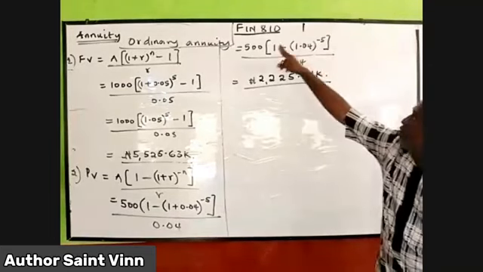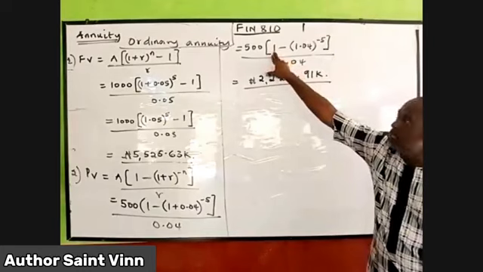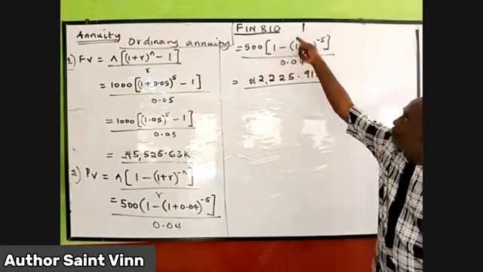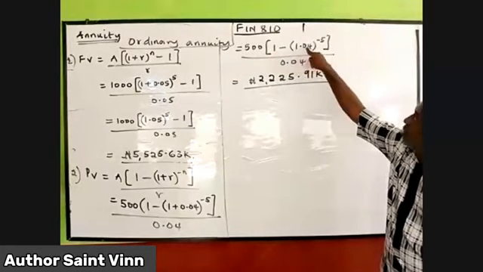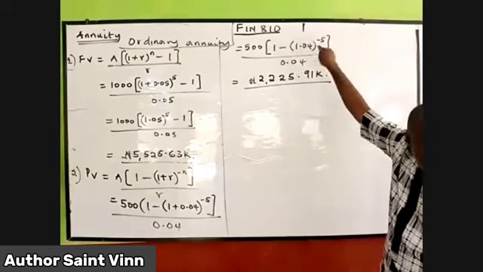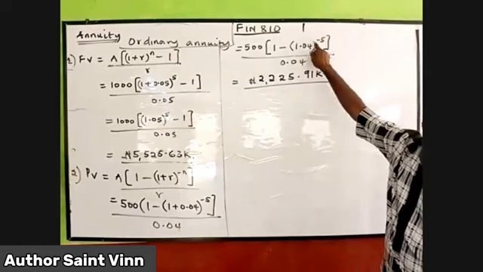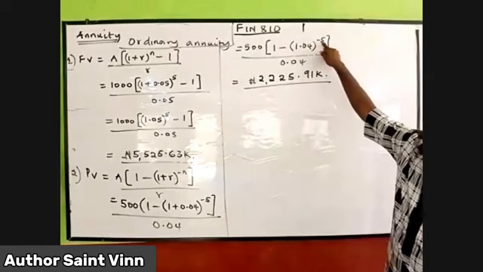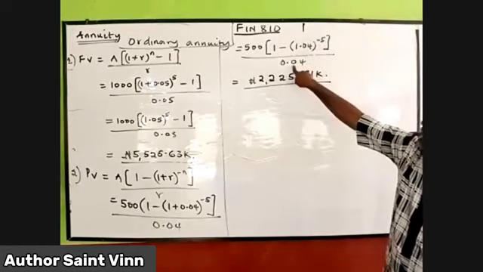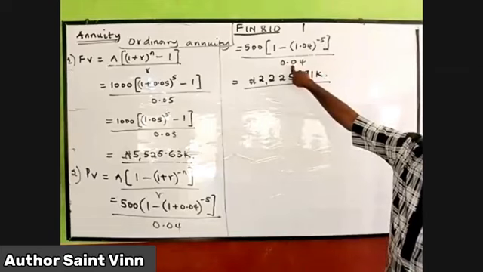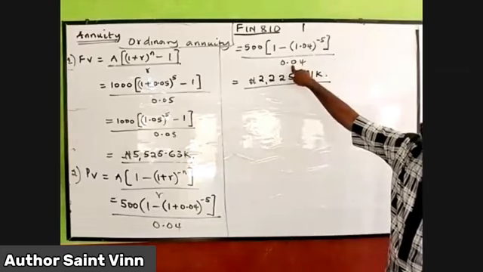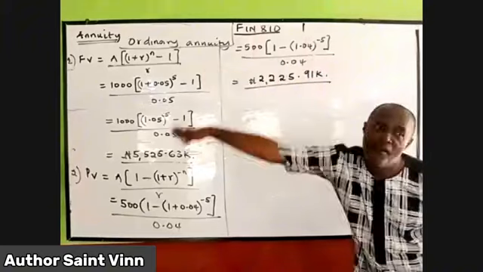You press this one, a minus, bracket open 1.04, bracket close. Raise to power, you put minus 5, and you press answer. You divide it by 0.04. Your result, multiply by 500.